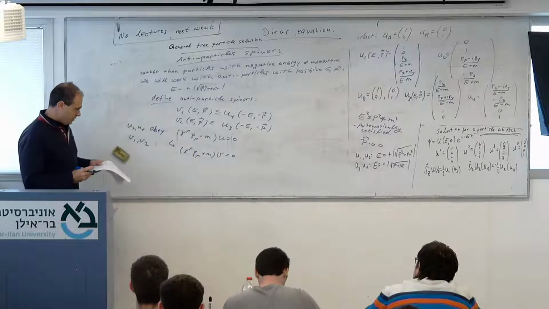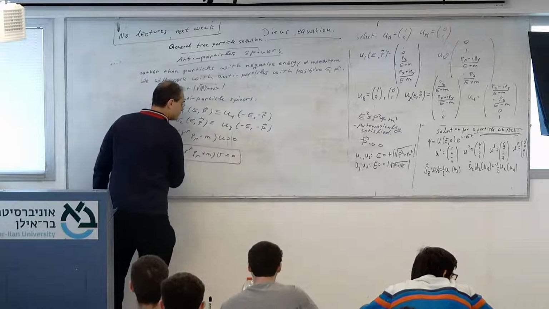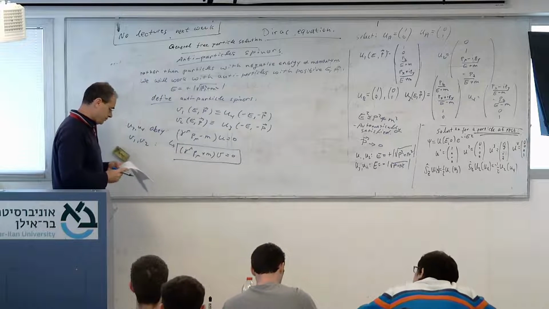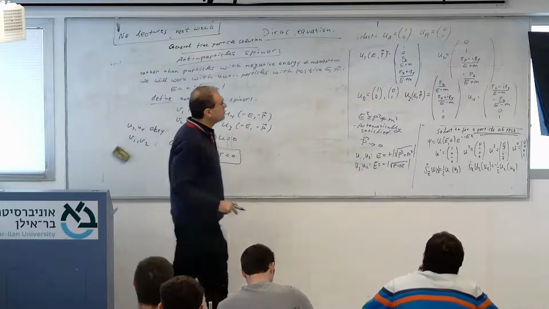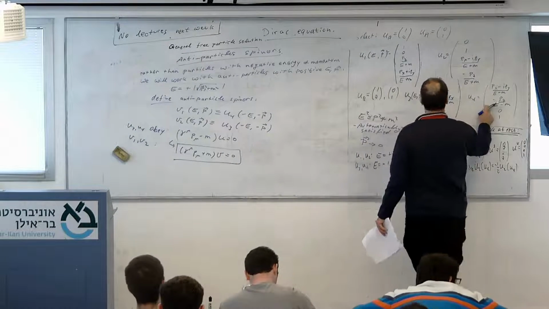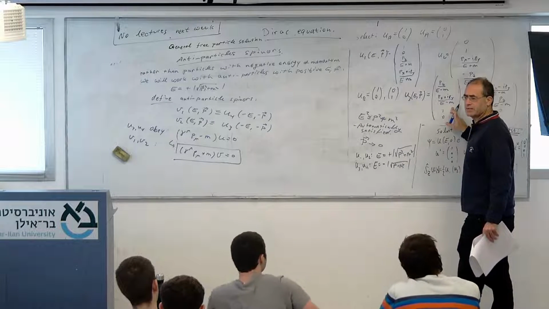So the v's should obey this equation. And then we simply need to repeat exactly the same steps as deriving the Dirac spinors, basically simply replacing m with a minus m.